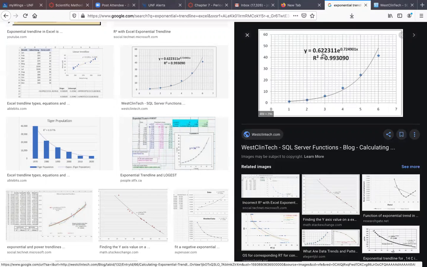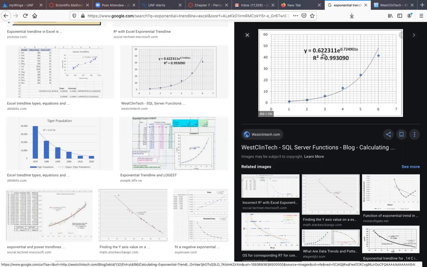The equation will be y equals some value, maybe 5.28, e to the power 0.25 x, and here is the value for x.